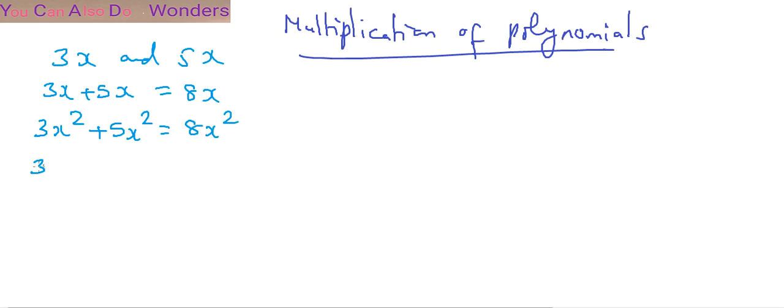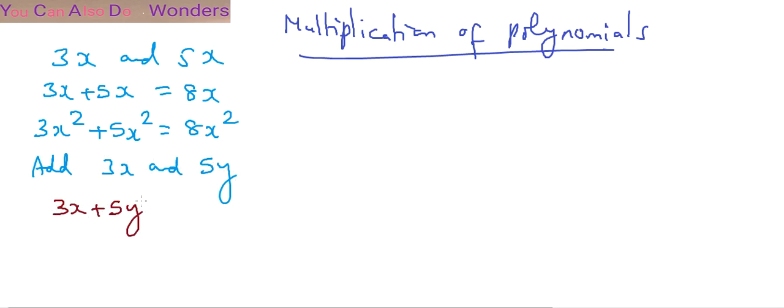And what is 3x plus 5y? If we add them, we want to add 3x and 5y. So we will start adding like this, 3x plus 5y.